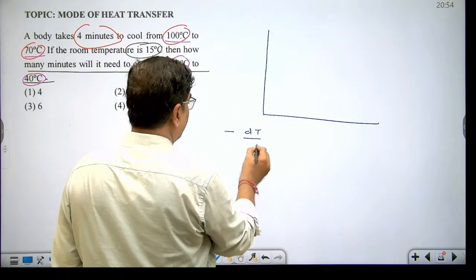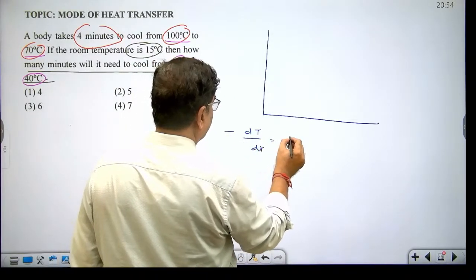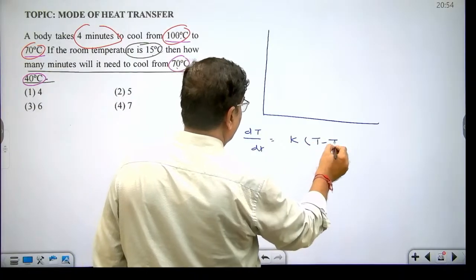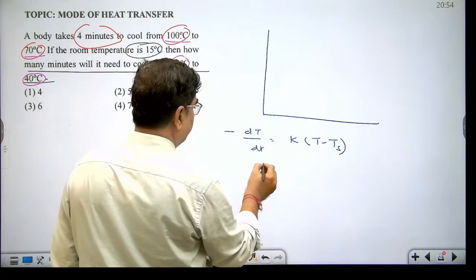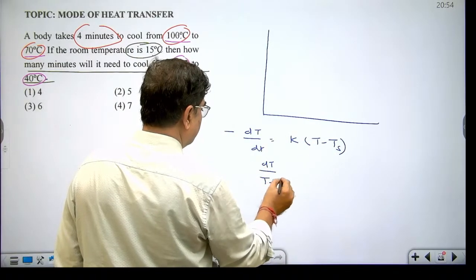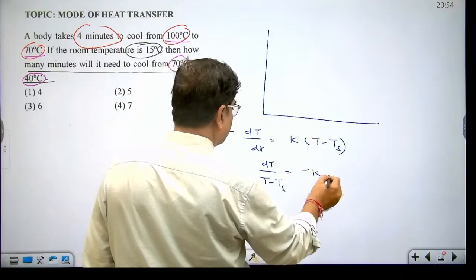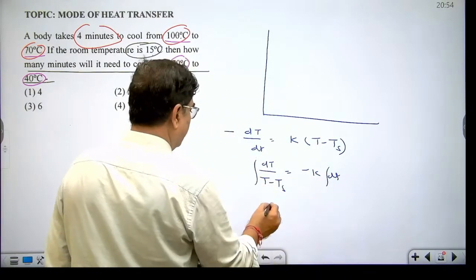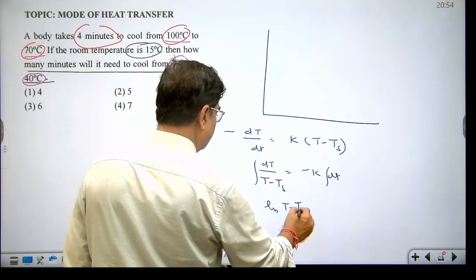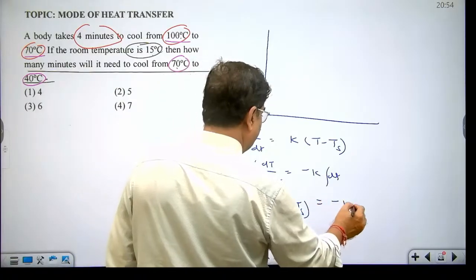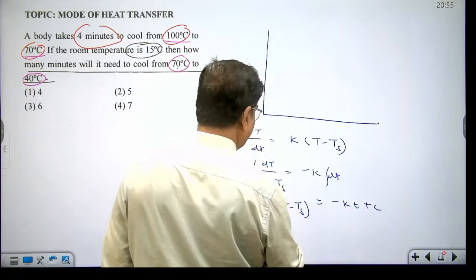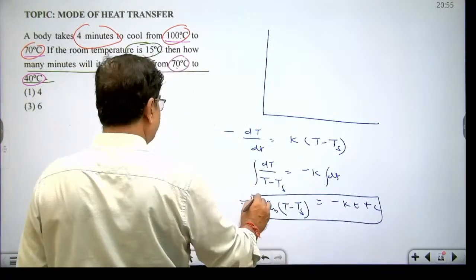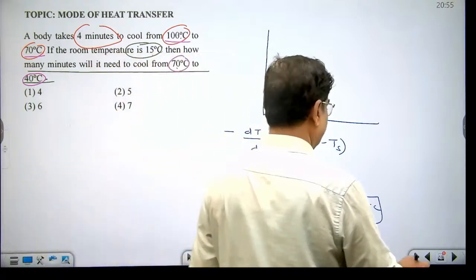This is rate of cooling: minus dT upon T minus Ts equal to minus K dt. So ln of T minus Ts equal to minus Kt plus C. This is the equation. Make use of this equation and solve it.